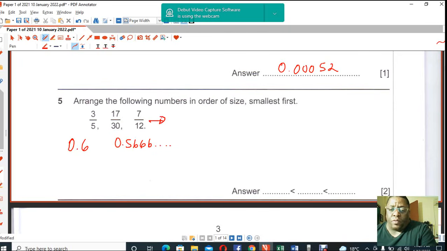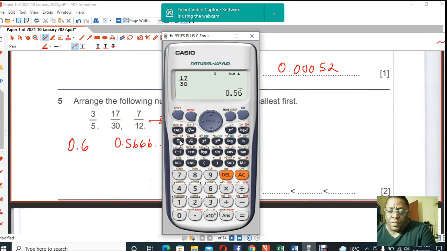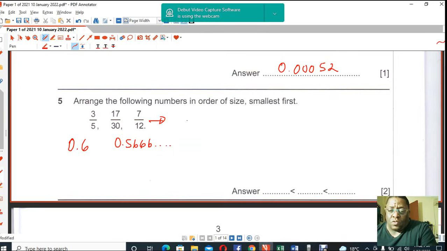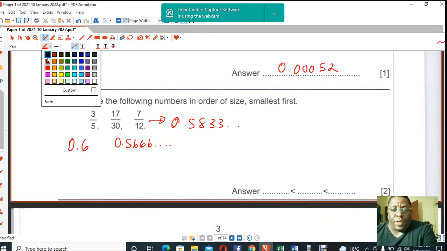All right, and if we want to know what this one is, that one is 7/12. So again, let's just clear that. So that's 7/12. That also gives you 0.583, and the 3 goes on, so this is 0.583.